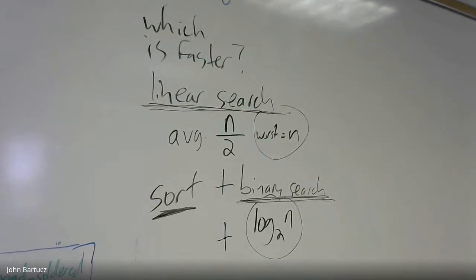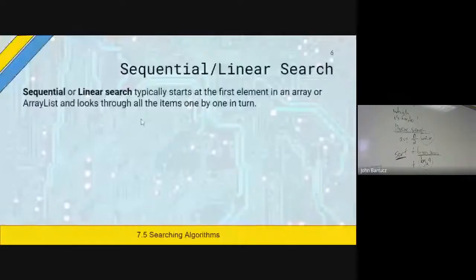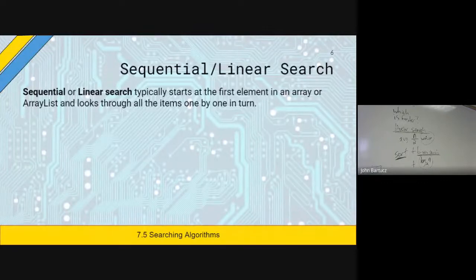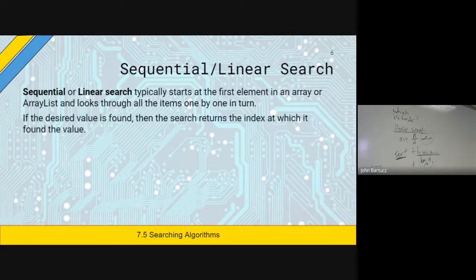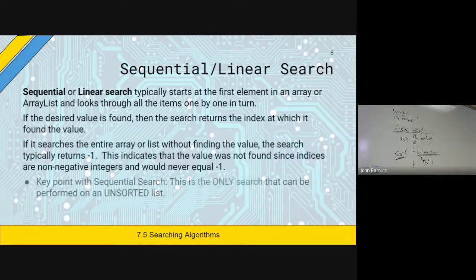All right, so getting back to it. We have two kinds of searches, sequential or linear, and then we have binary. And the key point to take away, and you will get questions on this, is it's literally the only thing you can do if your list is not sorted.